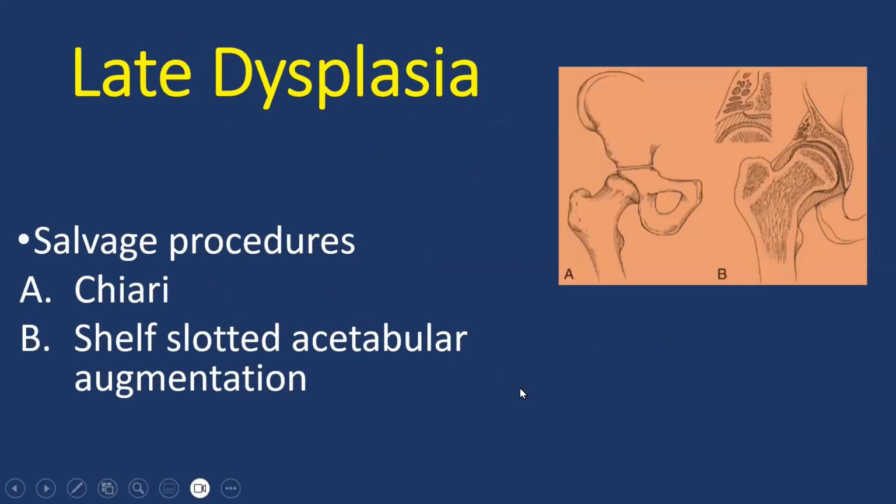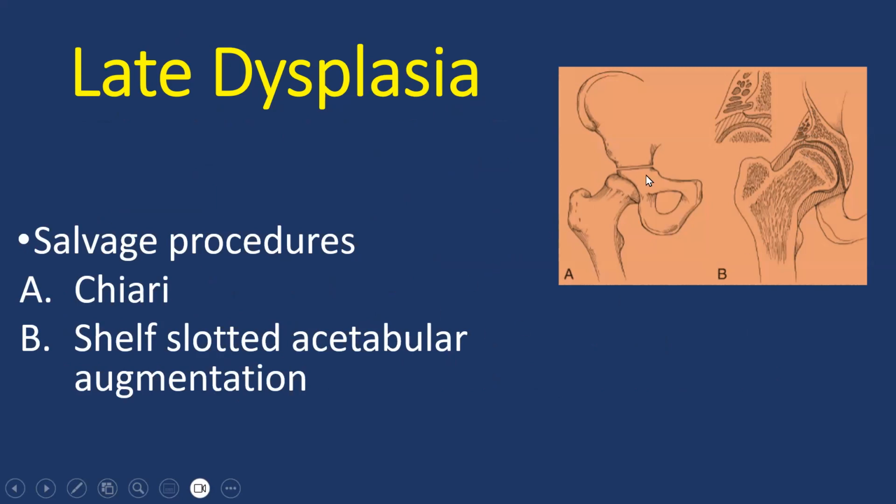I want to show you several. Stanley did the shelf operation. There's one operation in which we create slivers of osteotomies over the acetabulum in a dysplastic hip and pack bone over here. This is a shelf operation.